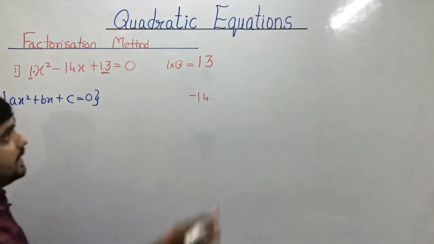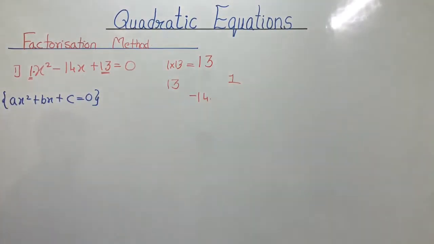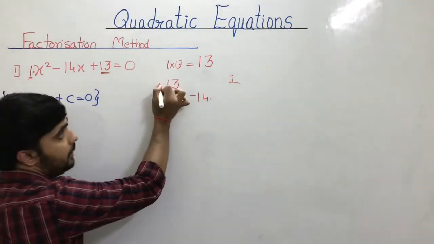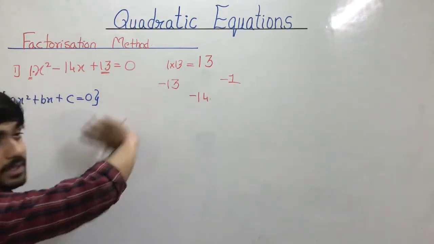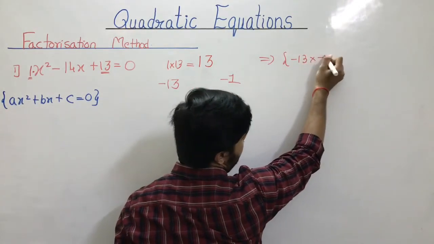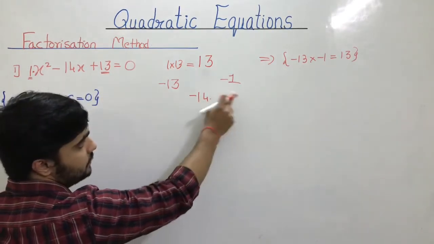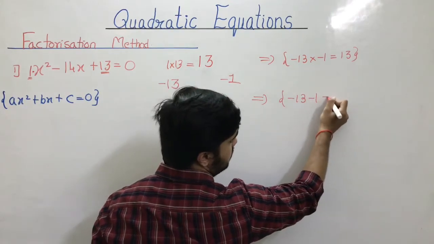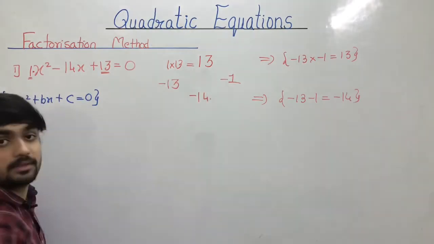So two numbers we can say are 13 and 1, but now we have minus 14 here, so we'll need to take minus 13 and minus 1. Minus 13 into minus 1 is 13, and minus 13 minus 1 is minus 14. So both these numbers satisfy this condition.